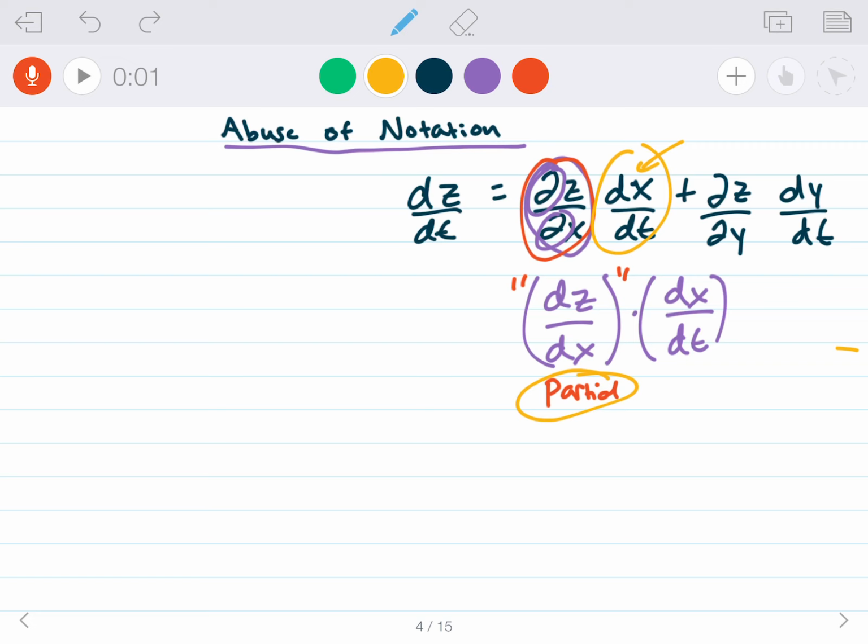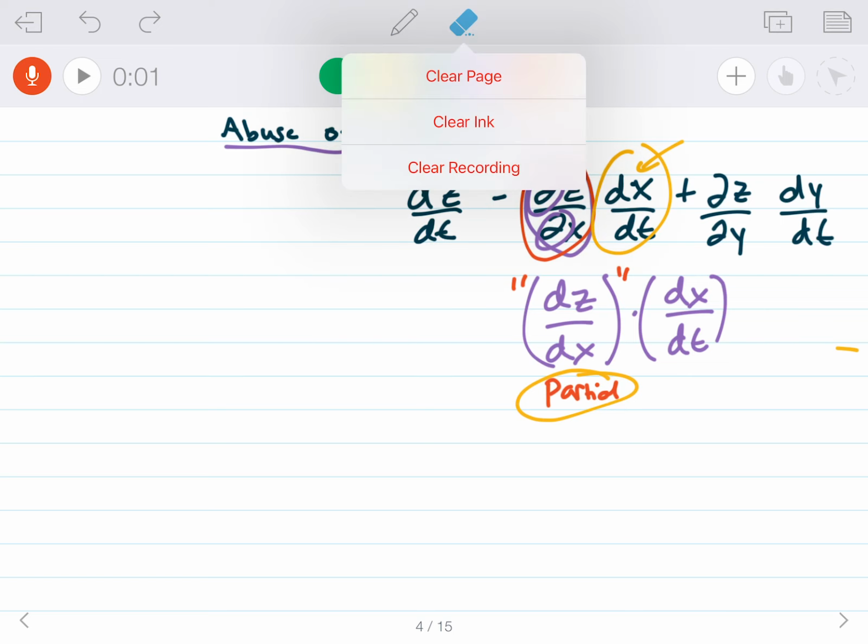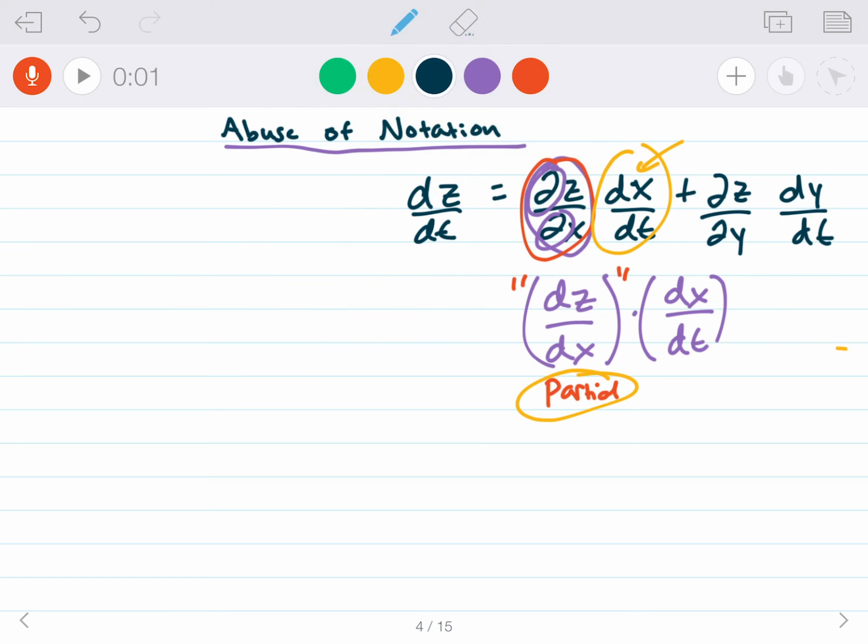But I'm doing this to give you some intuition on how to set up the chain rule, basically to do the mechanics for these problems. So I'm going to say this is dz dx plus, and then for the other partial, again in quotes, instead of the partial of z with respect to y, I'm going to write dz dy.